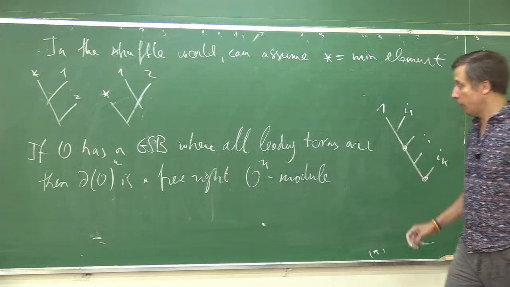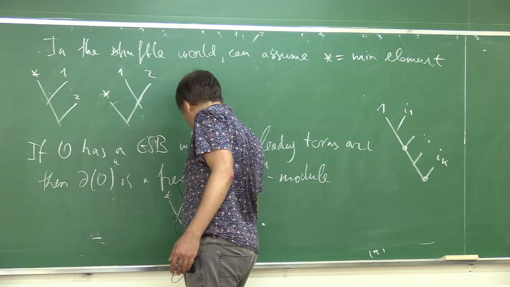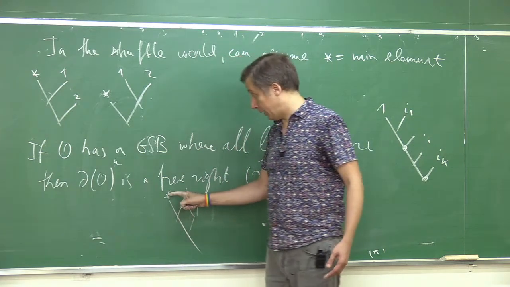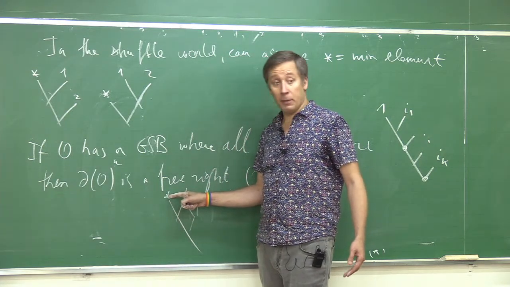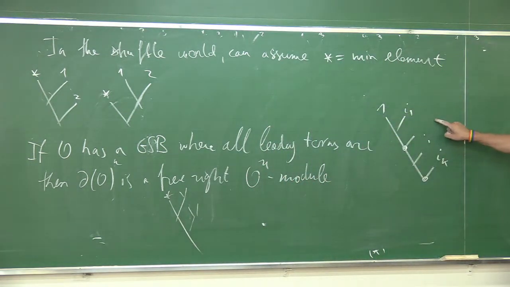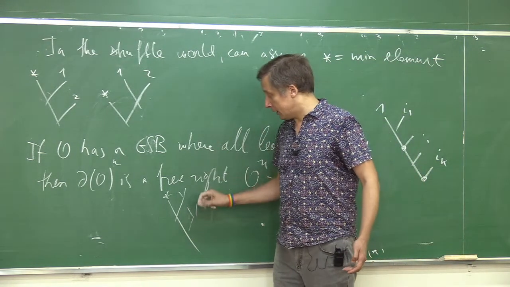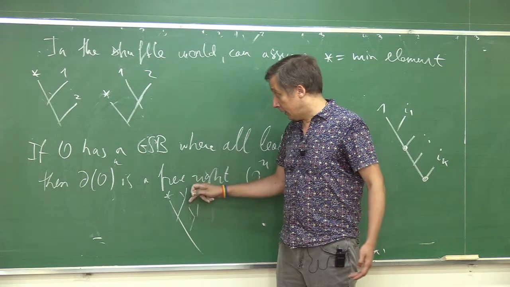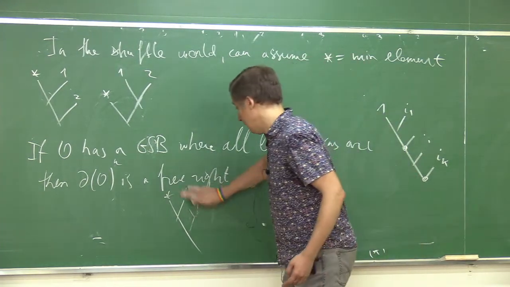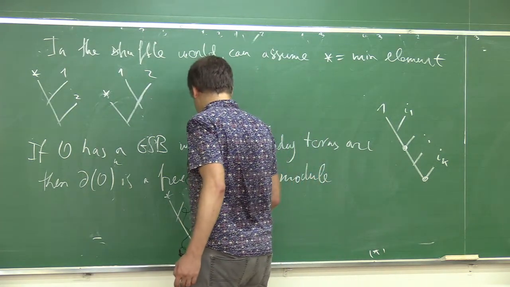because for D of O we're looking at the minimal leaf here, and now I am just saying that because of this condition on the leading terms, substitution works.